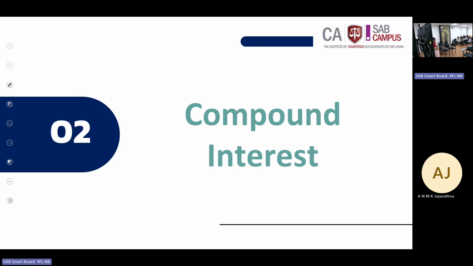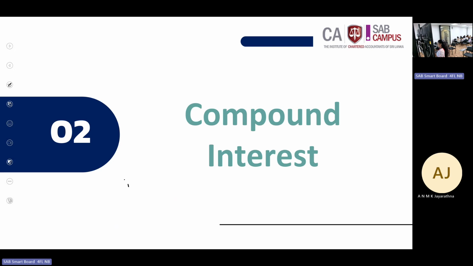The first task is to identify what is meant by compound interest. Very simply, compound interest means interest on interest.